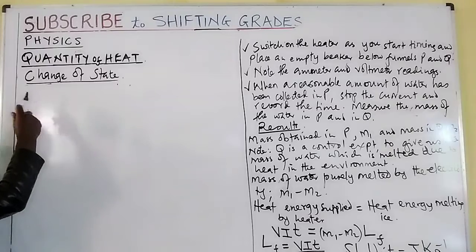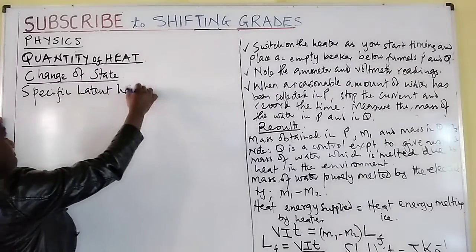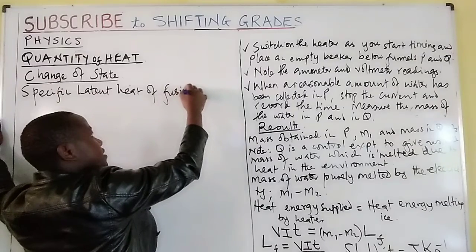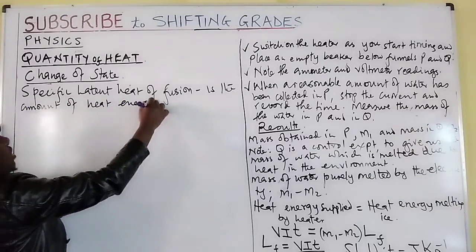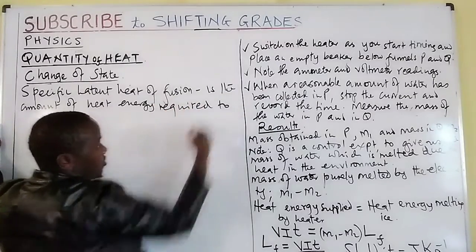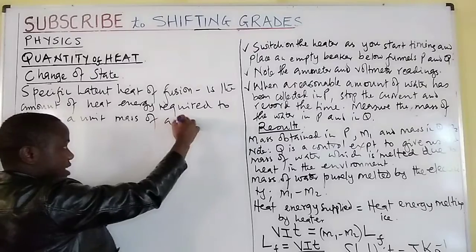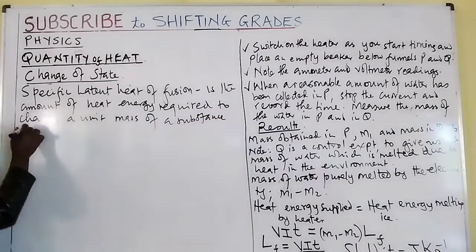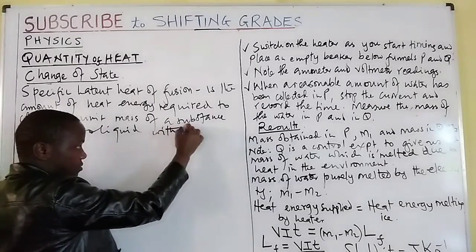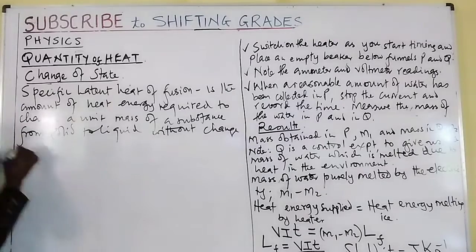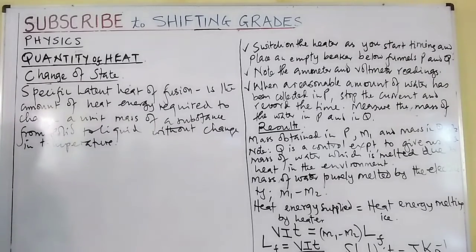Specific latent heat of fusion is the amount of heat energy to change a unit mass of a substance from solid to liquid without change in temperature, at constant temperature.